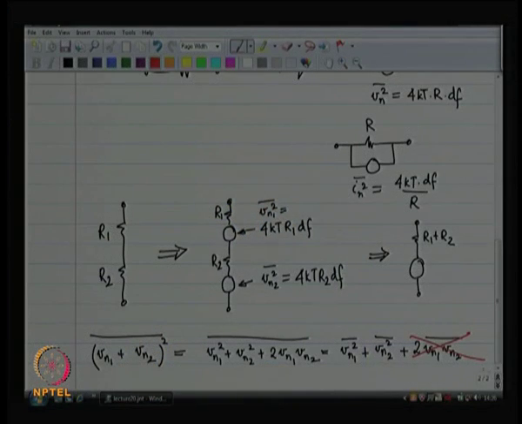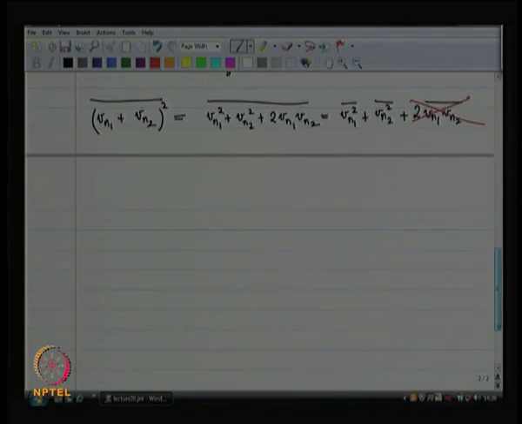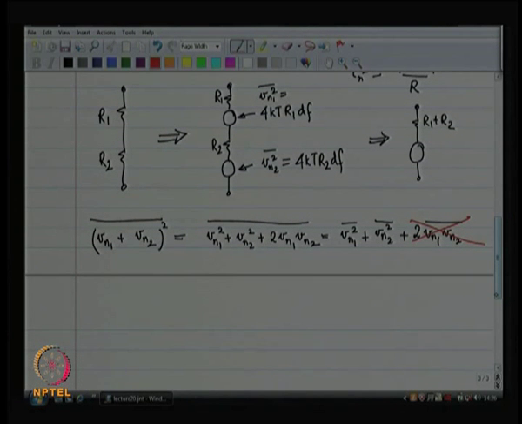Therefore, this entire term does not come into the picture, which means that the mean squared of the sum of the two is equal to Vn1 squared plus Vn2 squared. What this means is that I can model this as 4kT R1 df plus 4kT R2 df, which is equal to 4kT (R1 plus R2) df.